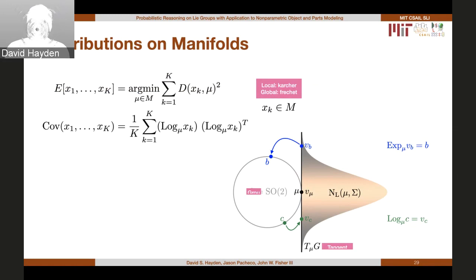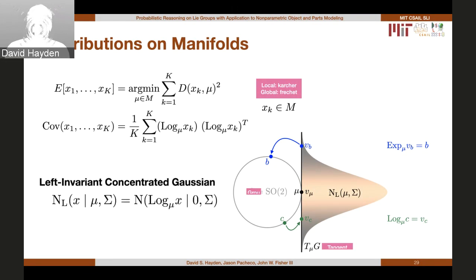And the key thing is in most cases for Lie groups and manifolds, there are only local minimizers, so those are called Karcher means. In some cases, there's a global minimizer, which is a Fréchet mean. In our case, we're only concerned with Karcher means. And then covariances of a collection of group elements are just defined as the standard outer product for covariances, but in terms of the tangent vectors after you've done this Riemannian logarithmic map.